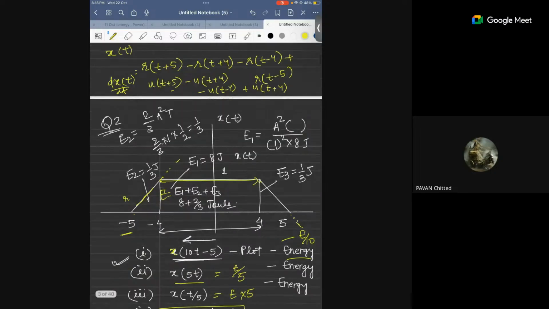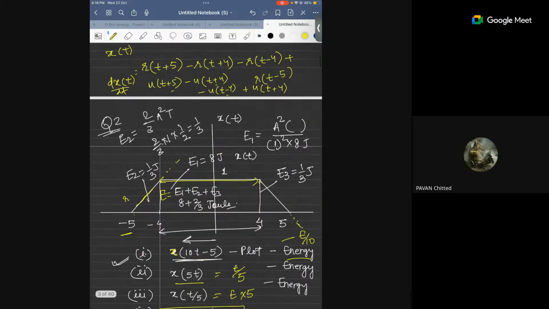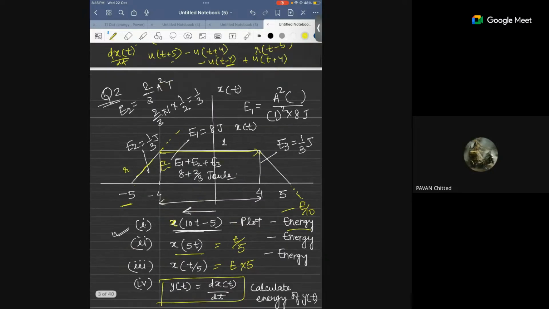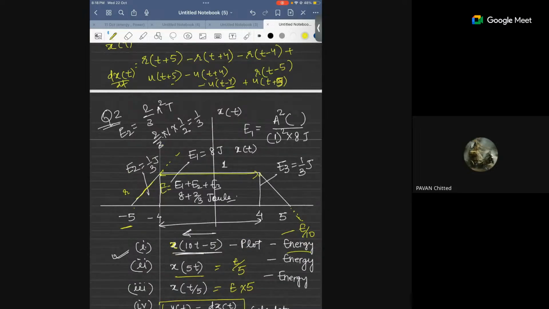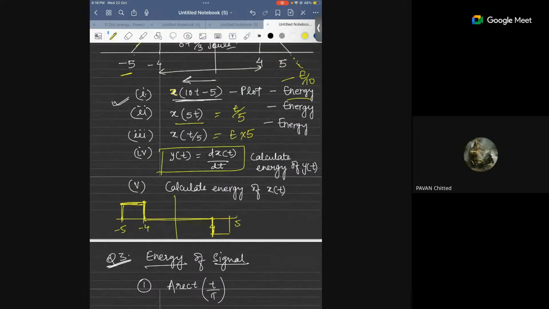From minus 4 till 4 it will be 0, that is fine. Then at 4 it should decline, so the ladder should go down. And then at 5 it should increase, so it will go like this, correct?